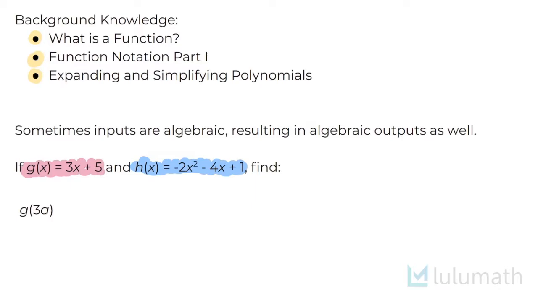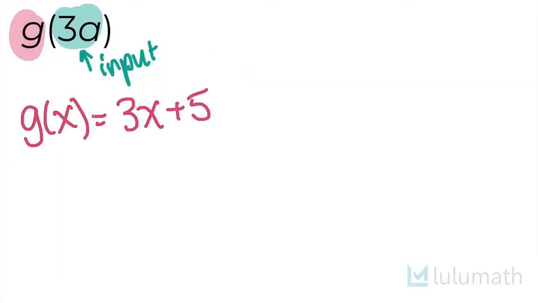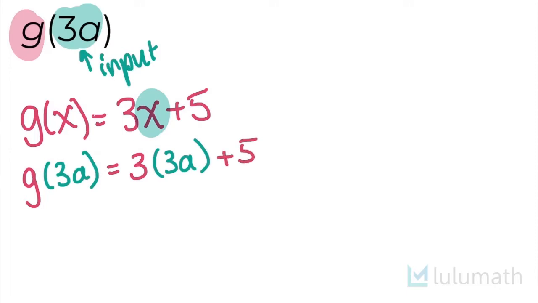The first thing we want to find is g of 3a. Here we have 3a as our input. What this means is every time I see an x in the function that is defined by g, I'm going to plug in 3a as my input, or as my x value. If g of x equals 3x plus 5, then g of 3a is equal to 3, and then instead of the x, I replace it with the 3a, and then I'm just going to add the 5.